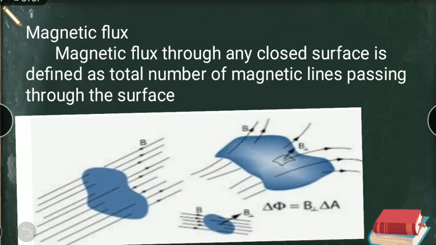In the electric field, the number of electric lines of force pass through a surface, whereas in the magnetic field, the number of magnetic lines pass through a particular surface. Magnetic flux through any surface is defined as the total number of magnetic lines passing through the surface.